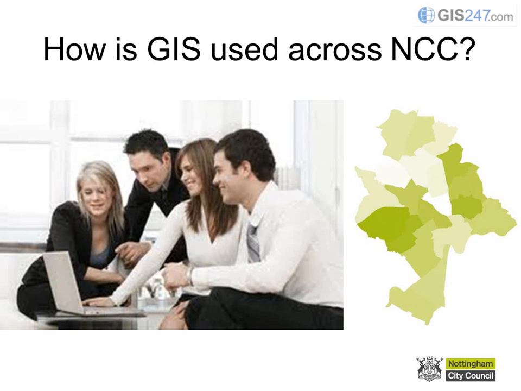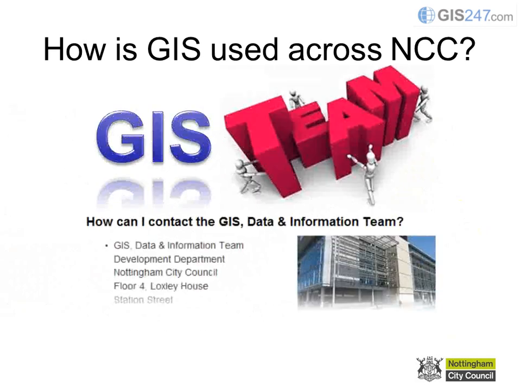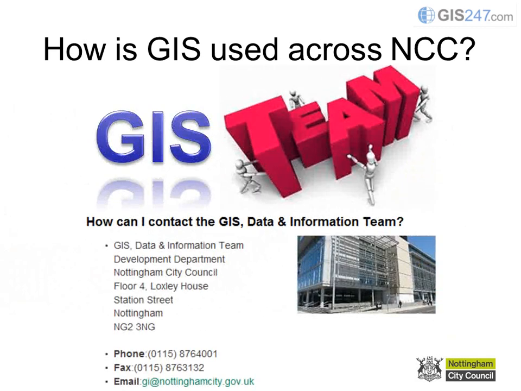Here to support all these users are dedicated staff in Nottingham City Council's GIS Data and Information team. The GIS Data and Information team provides support for different service areas in reviewing their existing procedures and whether processes can be improved or streamlined, which all contribute significantly to efficiency savings.